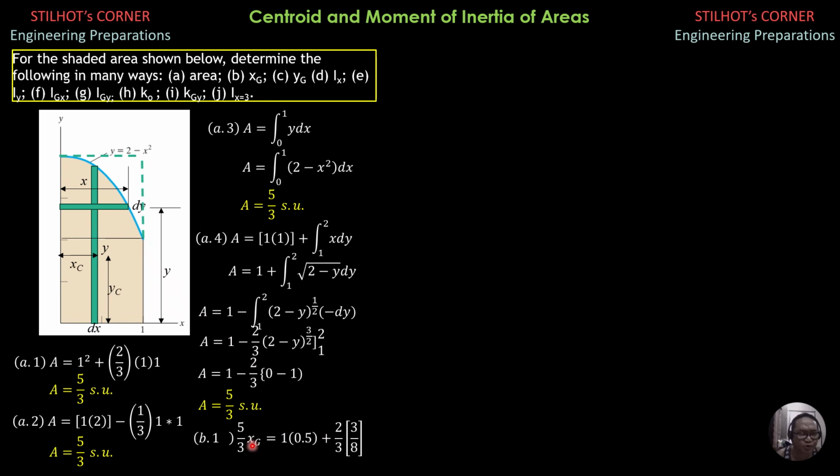So first solution by Varignon's theorem, or first moment of a mass, 5/3 area total times x sub g equals area of this square, which is 1, and of course the distance of the centroid from the y-axis is half of 1, 0.5, plus area of this parabola, which is 2/3.